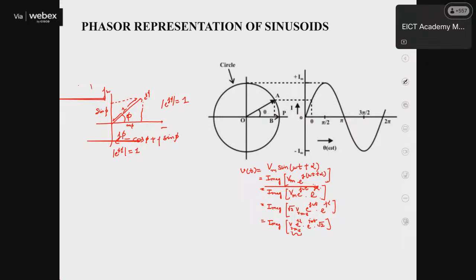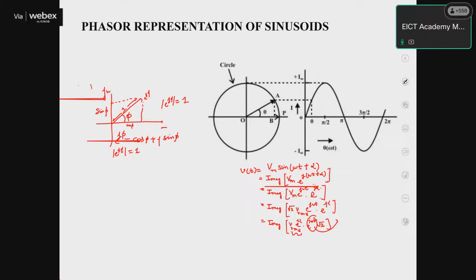For a 50 hertz sinusoid, the frequency would be 50 hertz, and if I'm working with a 60 hertz signal, it would be 60. All relating with the maximum voltage.